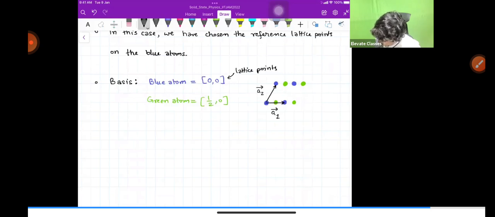All right, so here if you see this, you can take this length to be, let's say, a, and let's say the green atom is halfway in this thing.